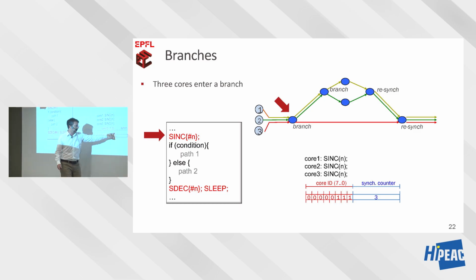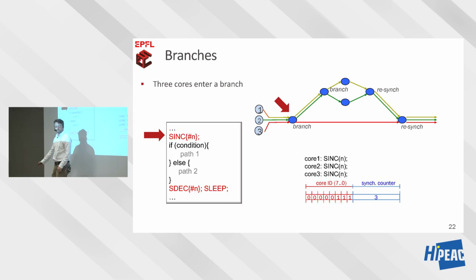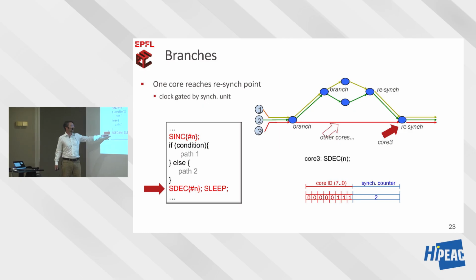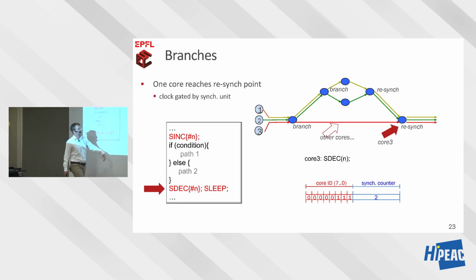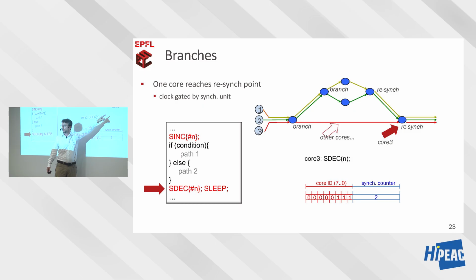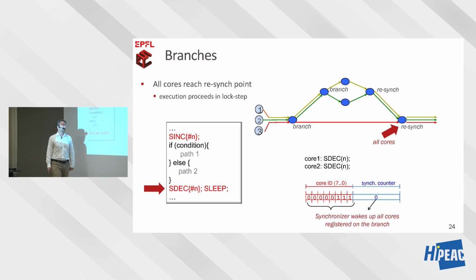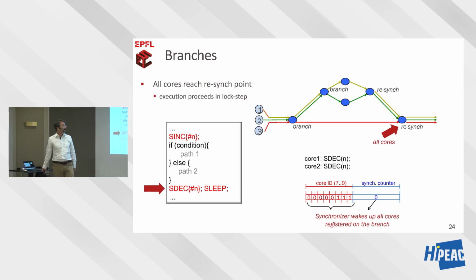This appends the ID of the core and increases the synchronization counter. Then cores issue a stack, and they go to sleep when they have finished the branch. Every time they issue a stack, the synchronization counter is decreased, and nothing happens to the ID. When the synchronization counter reaches 0, all the cores are released, and they can continue processing.